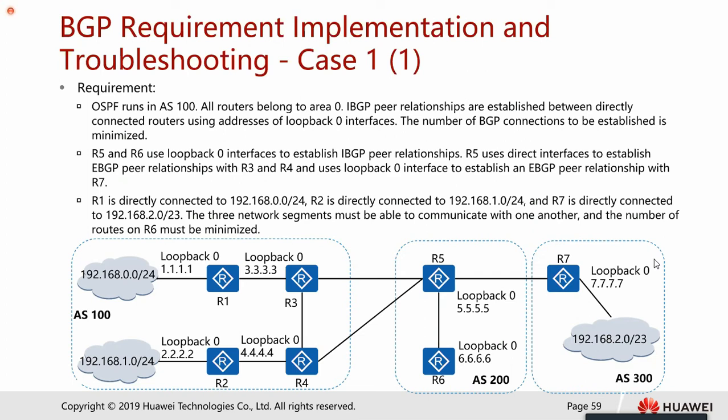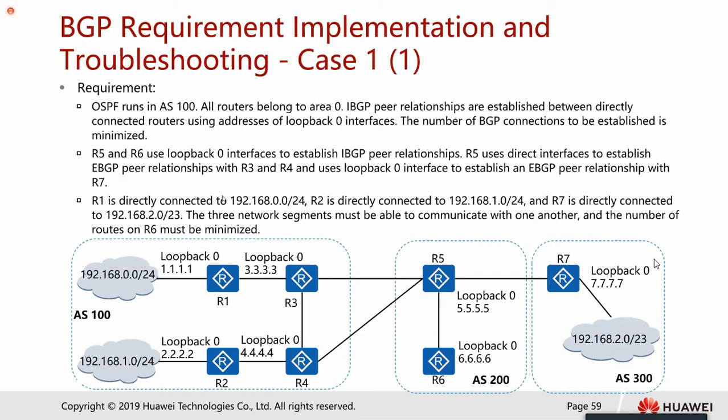R5 uses the direct interface to establish eBGP with R3 and R4, and uses the loopback interface to establish BGP with R7. So these are loopback, and these two are physical. That is what we have on the configuration for the second question.